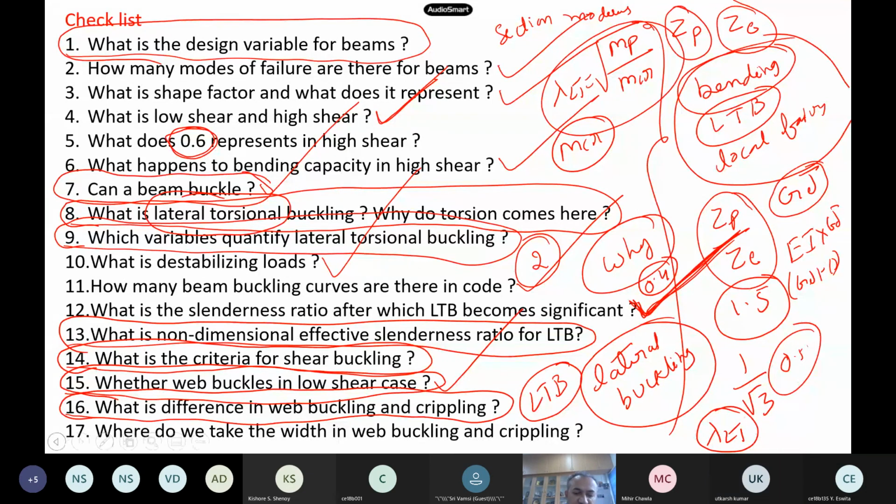Where do we take the width for web buckling? Center of the web, that is, the neutral axis. Okay. Crippling means the junction between web and flange. That is where the crippling happens.